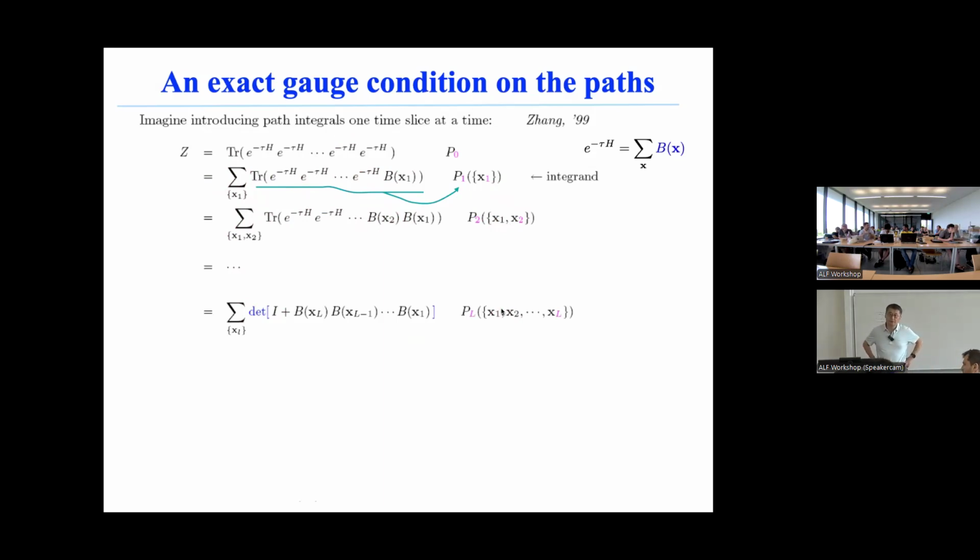I'm finding myself a little confused between the operators and the matrices within the trace. Could you help me understand how to think of that? So these are operators, and this is also an operator. B is also an operator. So every form here involves operators. This is the operator form.